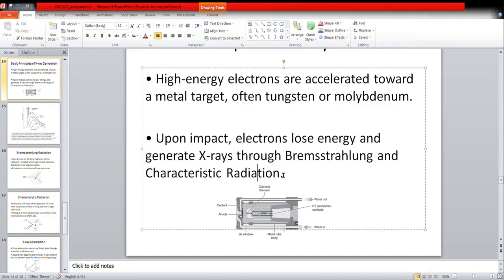Now, the radiations in the form of which X-rays are observed are classified into Bremsstrahlung and characteristic radiation. Bremsstrahlung is rather continuous, however characteristic radiation is rather discrete.